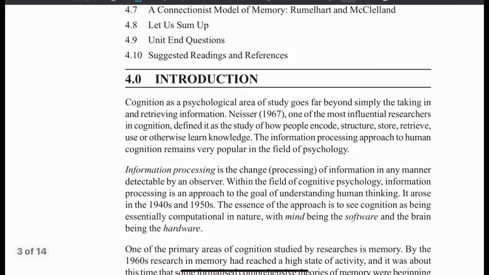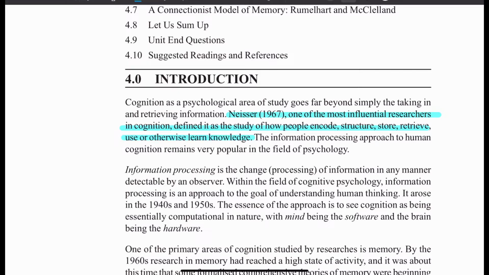If we talk about the introductory part, Neisser in 1967, one of the most influential researchers in cognition, defined it as the study of how people encode, and we now know what encoding is, and structure, how we store information, and how we retrieve it when it is required, or how we use our knowledge.